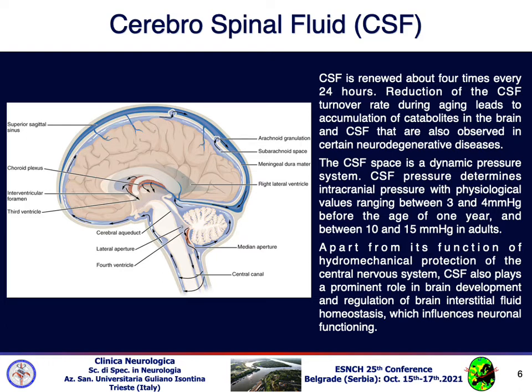Apart from its function of hydromechanical protection of the central nervous system, CSF also plays a prominent role in brain development and regulation of brain interstitial fluid homeostasis, which influences neuronal functioning.